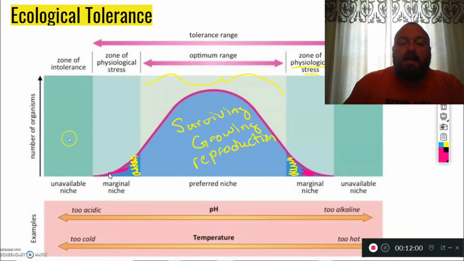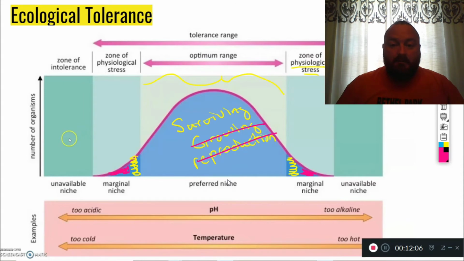And when we start seeing those really high physiologic stresses, now not only are we crossing out reproduction, but they're no longer growing either. The organisms aren't putting on biomass; they're just surviving. When they're in that yellow stress range, they're still growing; they're just no longer reproducing. So we would strike out the reproduction part. That's why the ecologic tolerance is so important when we're talking about competition and changes in the ecosystem.